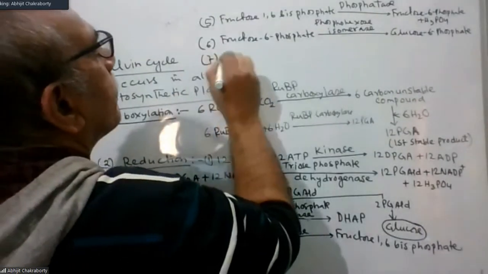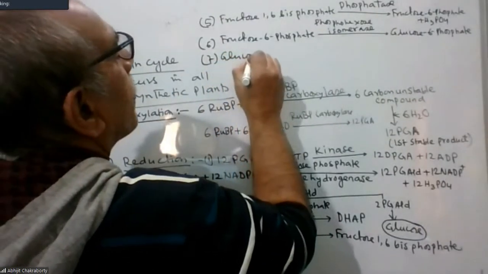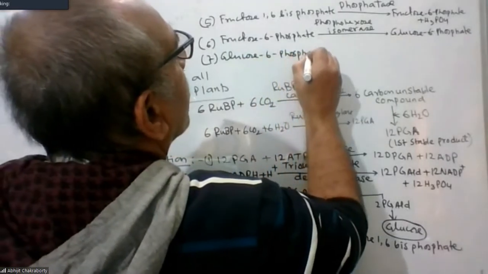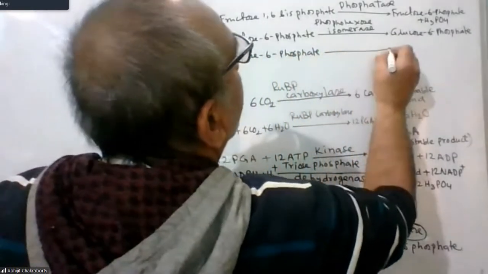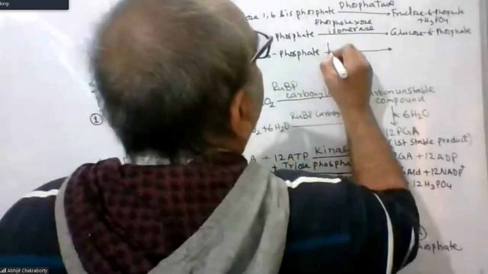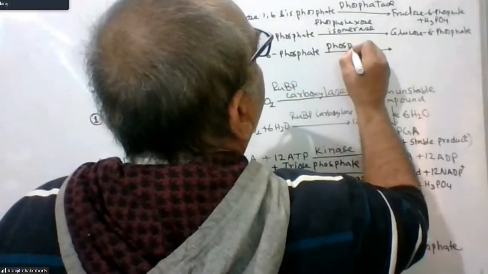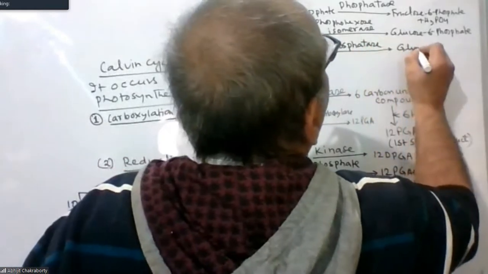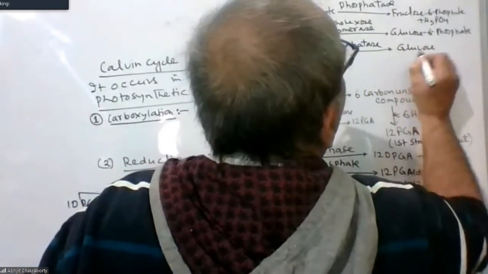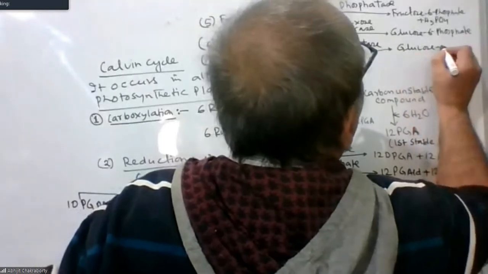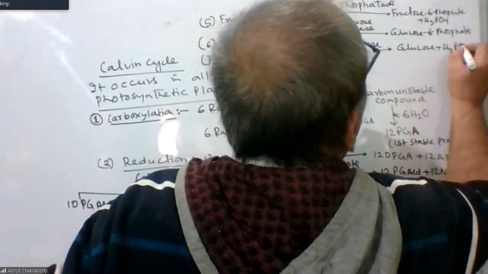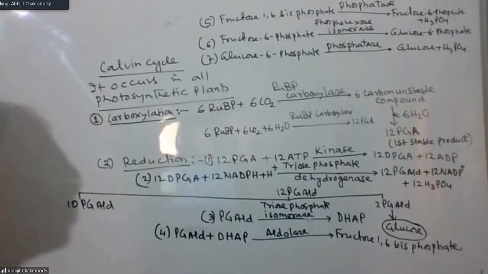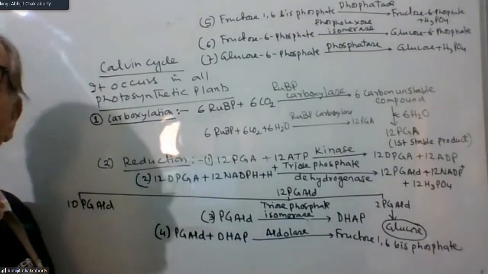Seven. This is how glucose is formed from 2 PGALD. Is it clear to you?